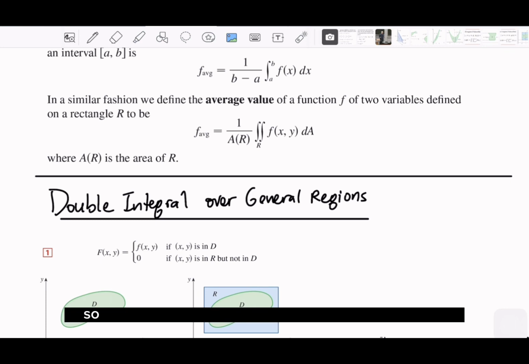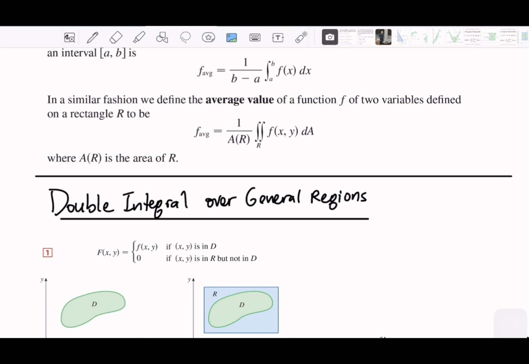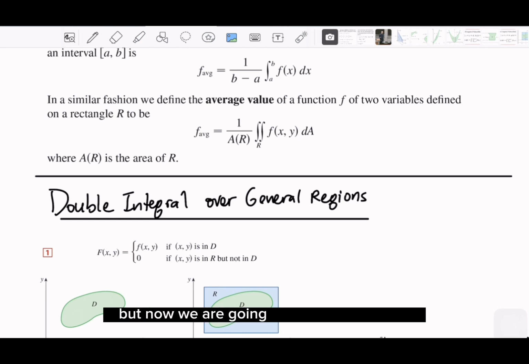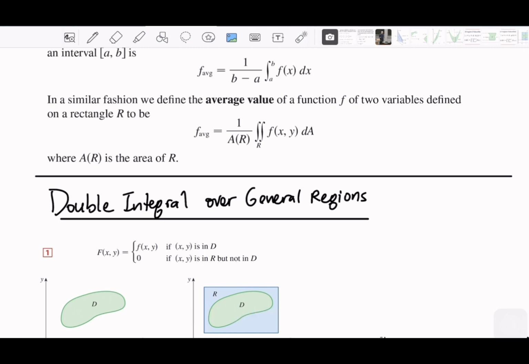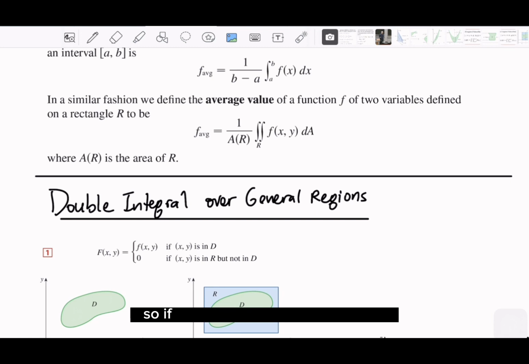From the previous definition, we were limited within the rectangle R. But now we have what we call general regions. The general region D is a bounded region.